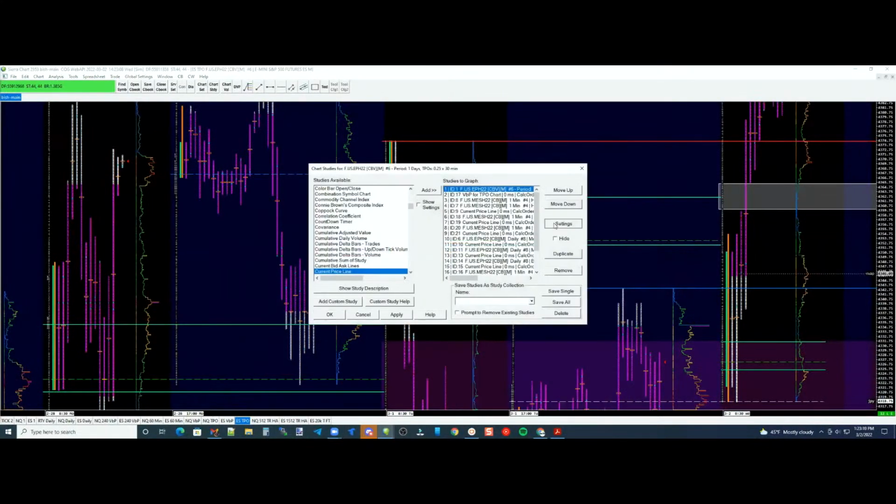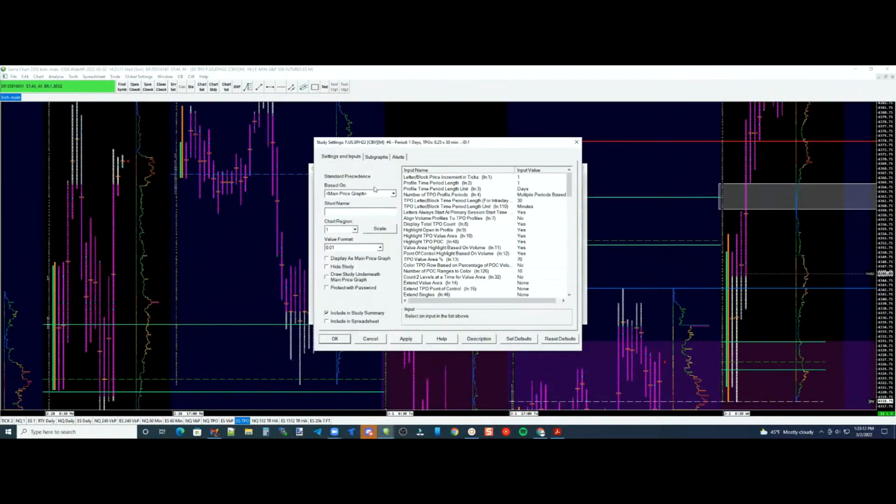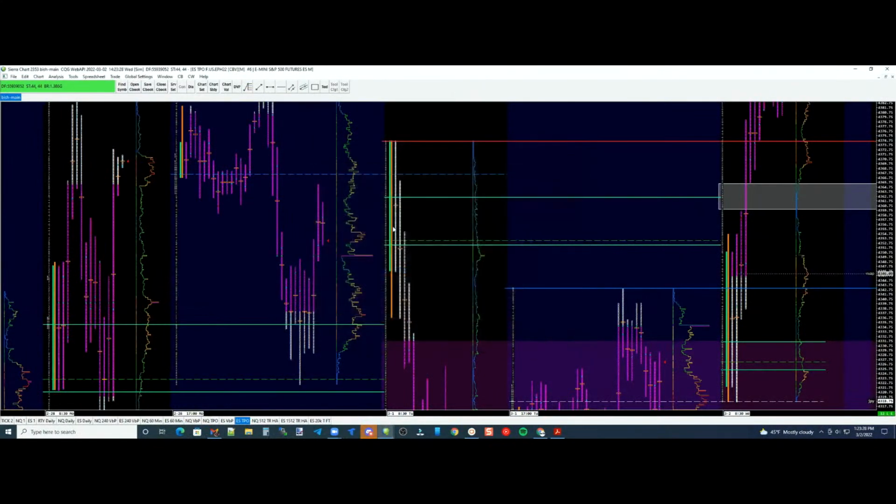If you come in here, you will find the initial balance range, 2 periods. It's the first hour. Each period is 30 minutes. And then you can do a 30-minute opening range as well. So I do that one as well.